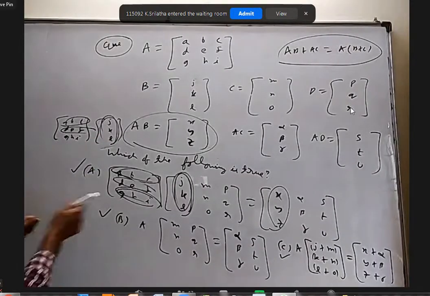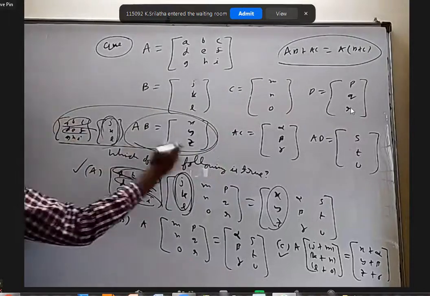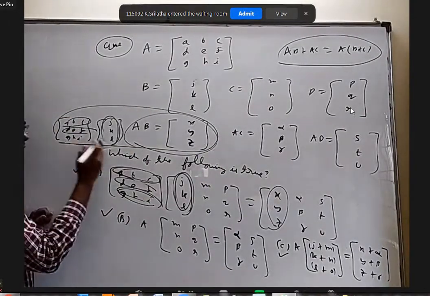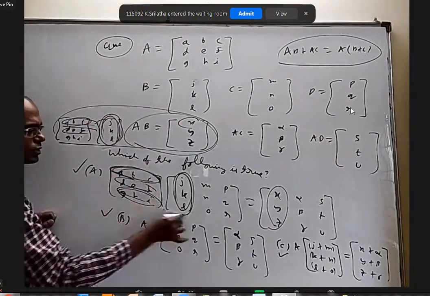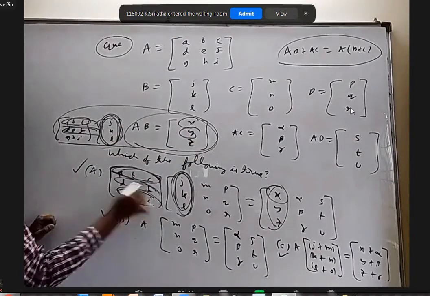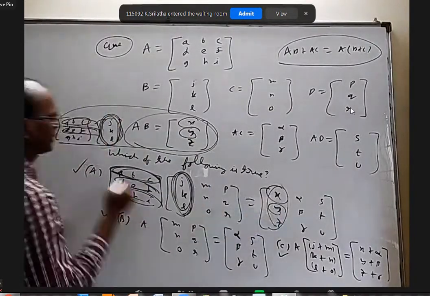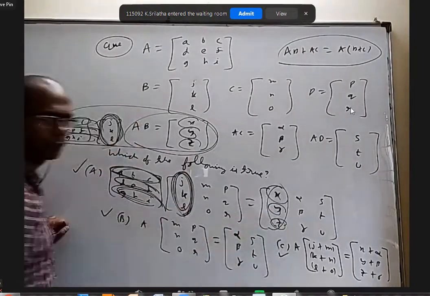So you look at this and this and this, you will understand better. This is A, this is B, this is the answer. Now, really multiply these two. This into this should be X. So this into this is X. This into this is Y. So this into this is this Y. This into this is Z. So this into this is this Z. Is it okay?